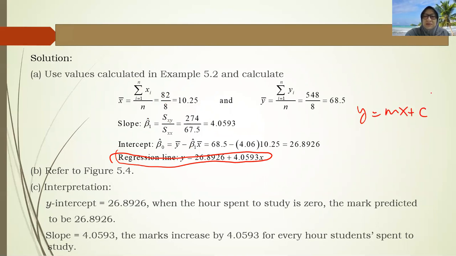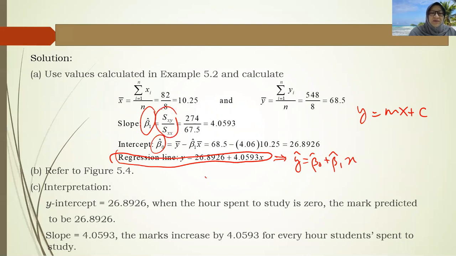Here we find beta 1 and beta naught, then substitute into the equation. The equation is y hat equals beta naught plus beta 1 hat x, using this formula for beta 1 and this formula for beta naught. These formulas can be found in the statistical table.